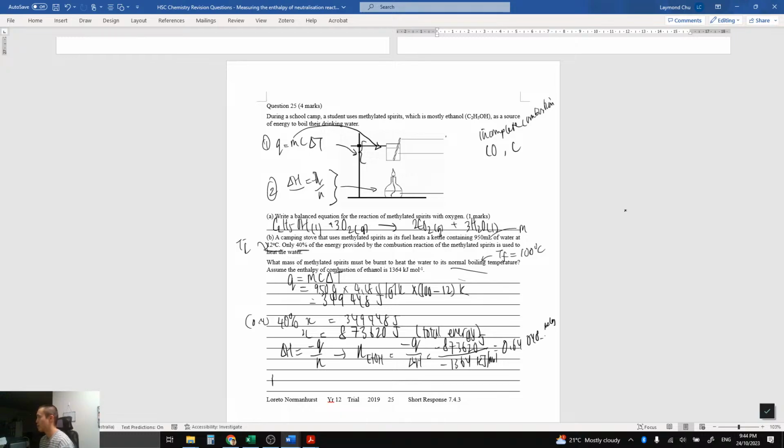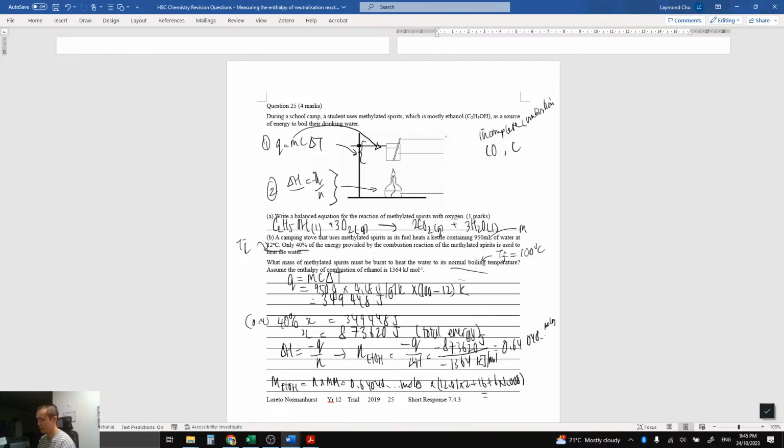Last step, mass of ethanol equals moles times molar mass, which is 0.64048 moles times our molar mass of ethanol, which is 12.01 times 2 plus 16 plus 6 times 1.008.